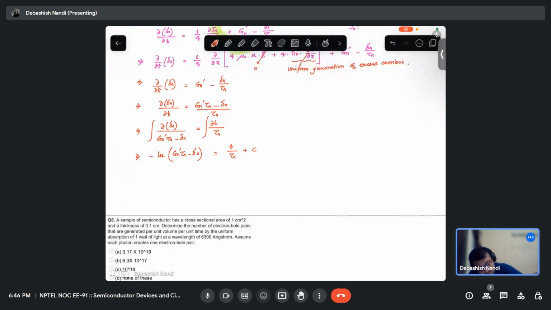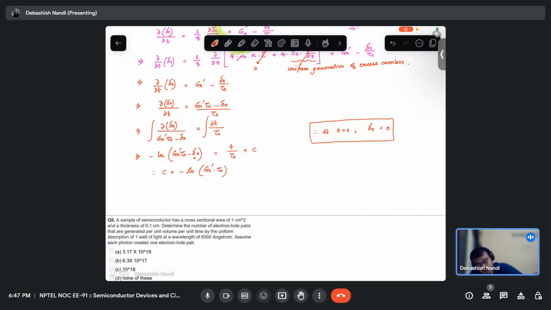Now at t equal to 0, delta n was 0, since there was no excess carrier because no source was present. So the constant c equals minus ln of Gn dash tau n.